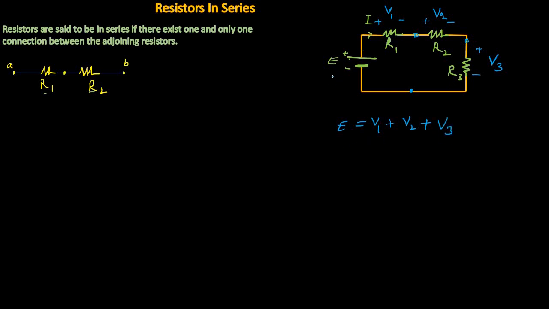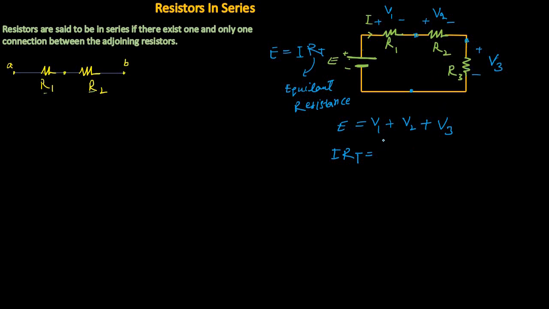Now according to Ohm's law, E is equal to I, which is the current through this battery, times RT, and this RT is basically the equivalent resistance of this circuit or network. By putting this equation into the previous equation, we get I times RT on the left side, and the same current is flowing through R1, R2 and R3.